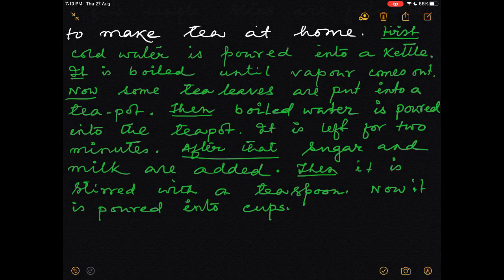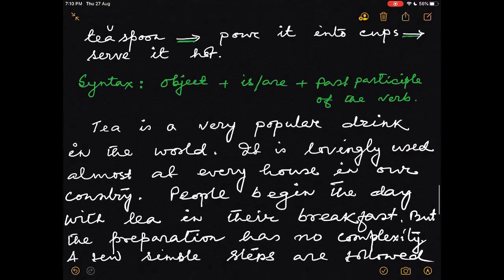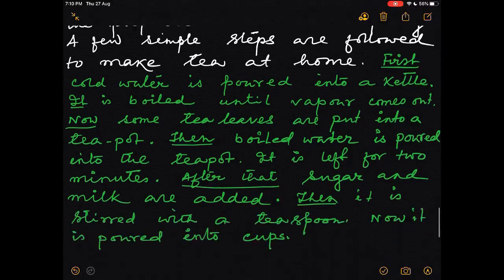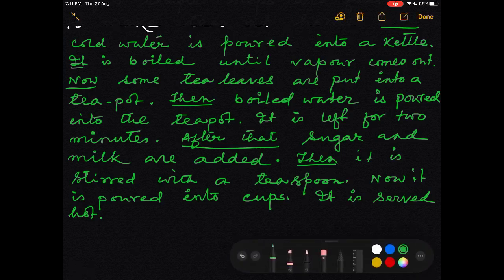Okay. Now last point. What is the last point? Serve it hot. It means the tea is served hot. These are the developments of the points given. Now add one or two concluding sentences here at this point.